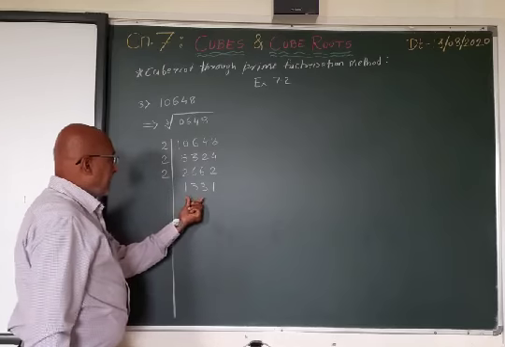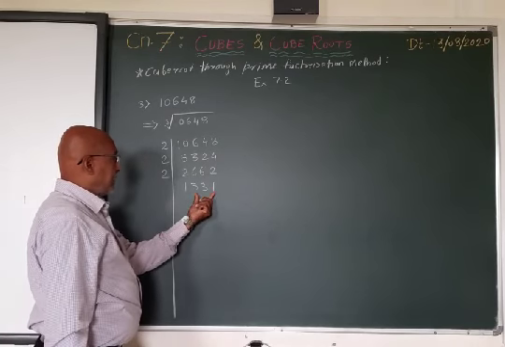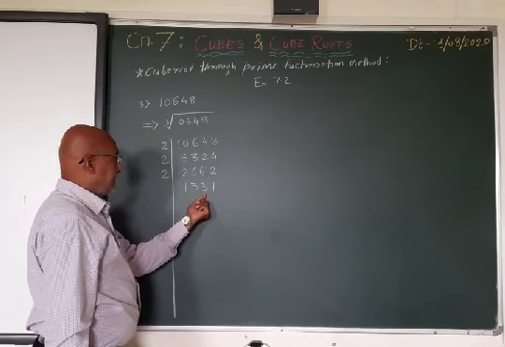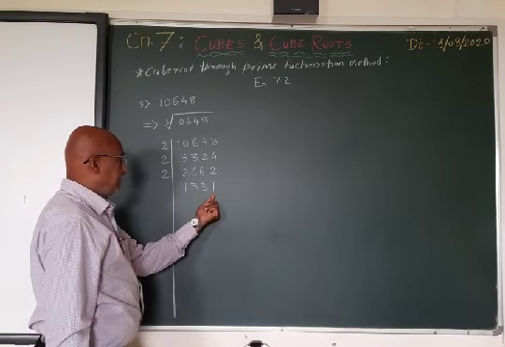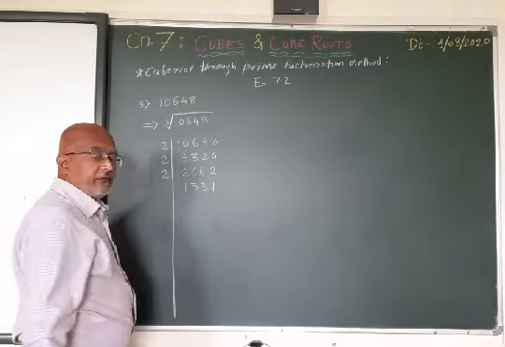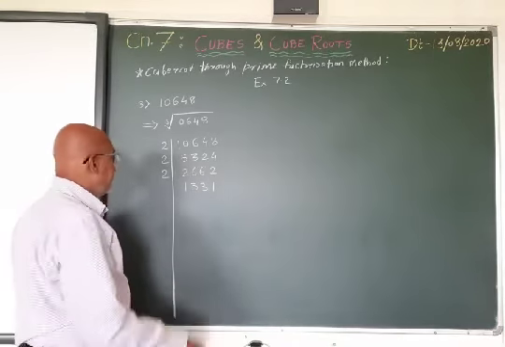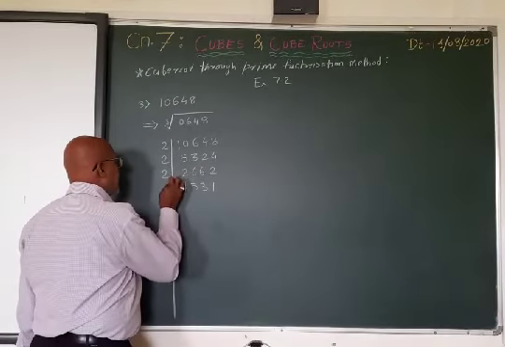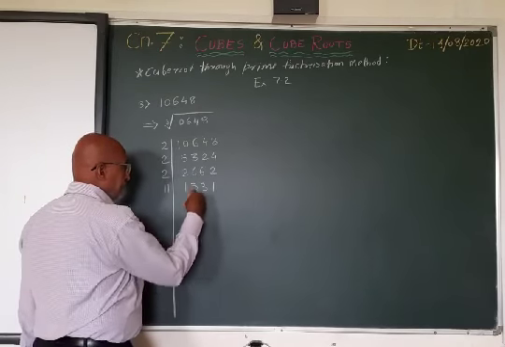Now, as the sums of the alternate digits are equal, 1 plus 3 is 4, 3 plus 1 is 4, and 4 minus 4 is 0, this is the divisibility test of 11. So we'll divide by 11.